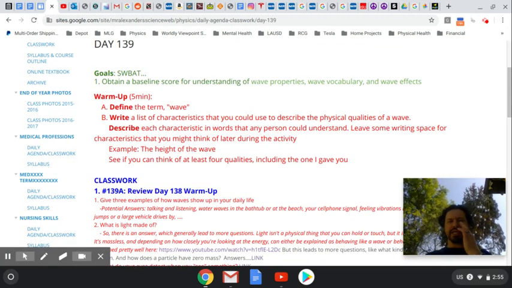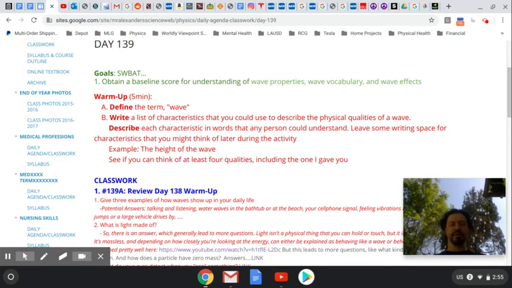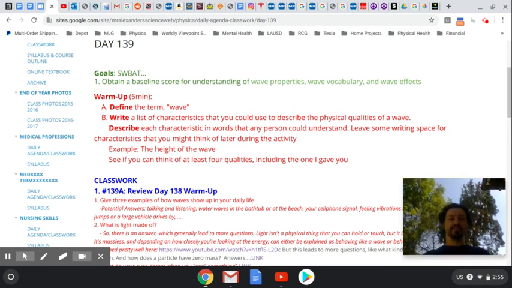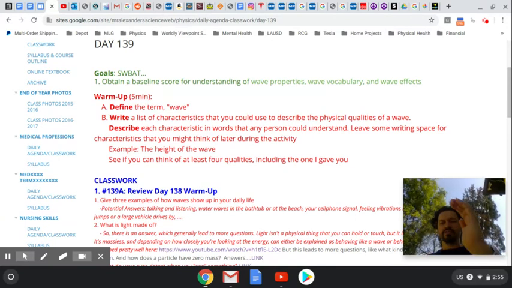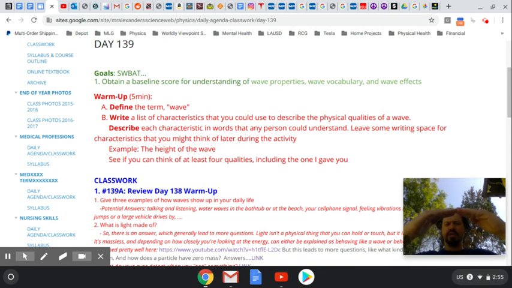Characteristics. Like what kinds of things describe a wave? How big or small it is, right? And waves have a few different dimensions. They can be tall or short. You've been to the ocean, hopefully, and maybe you've seen waves that are really narrow, like they're not very long. And then you've maybe seen other ones that are really spread out, like they're low and super wide. There's others that are narrow and tall.